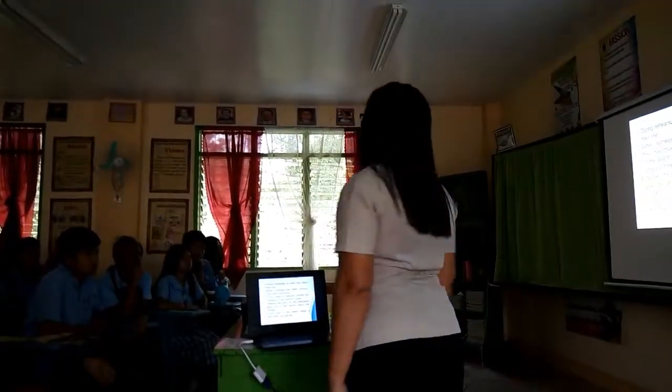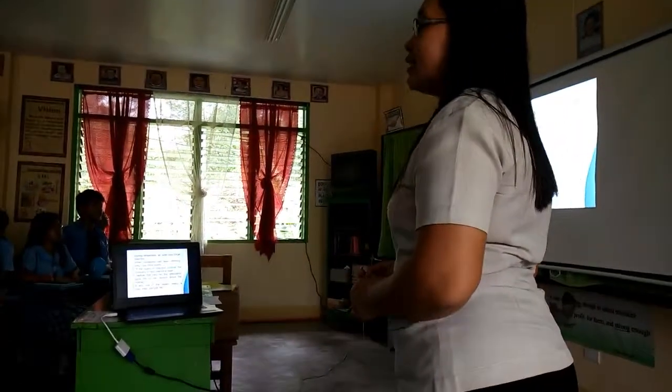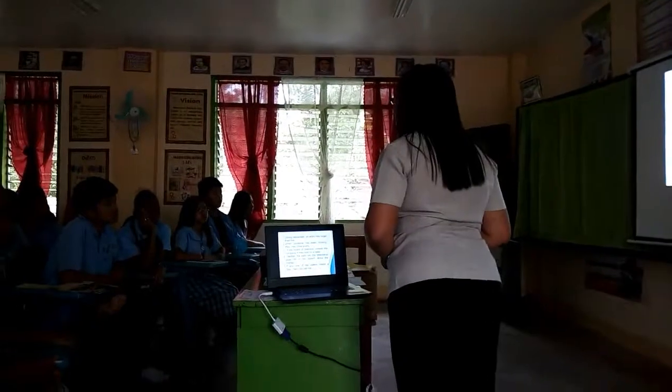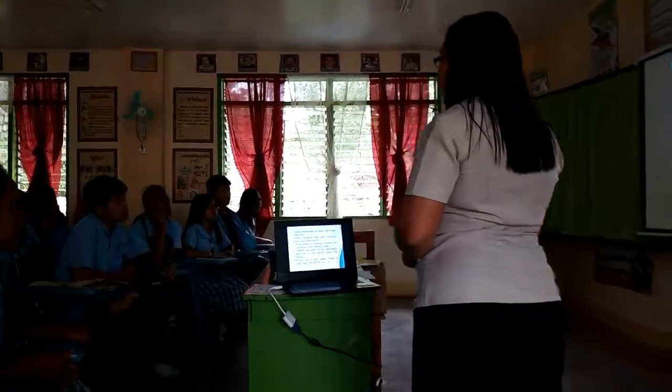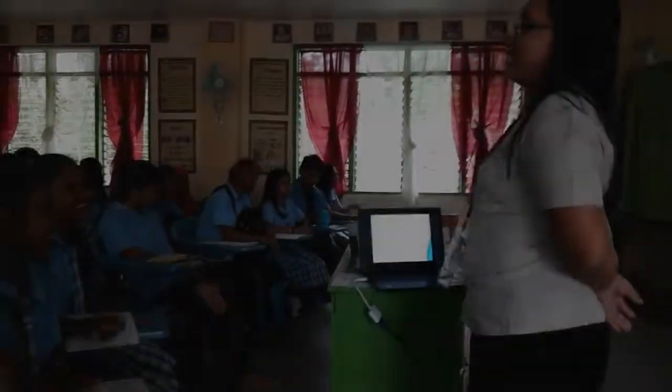On the screen, class, you have 5 sentences. I want you to read the 5 sentences and then take note of some comments. Just write down your comments on your sheet of paper.